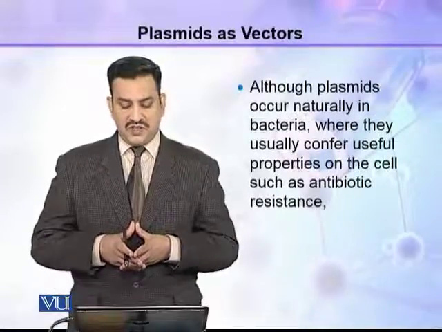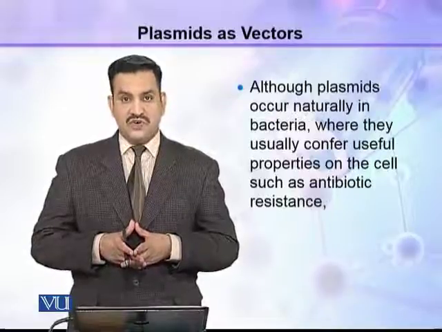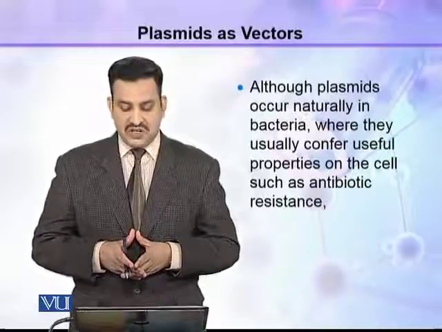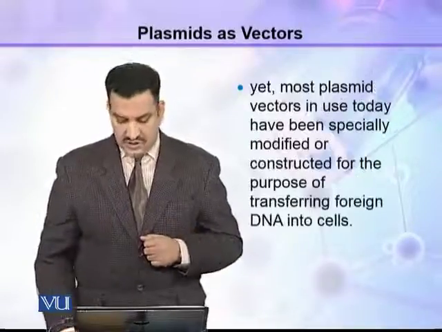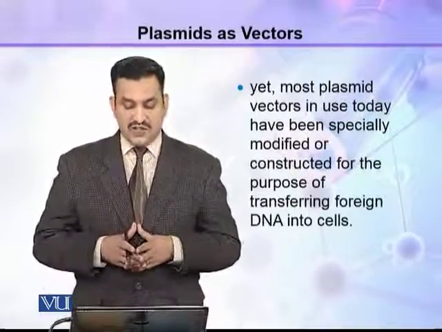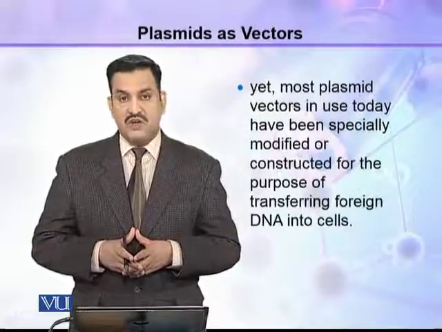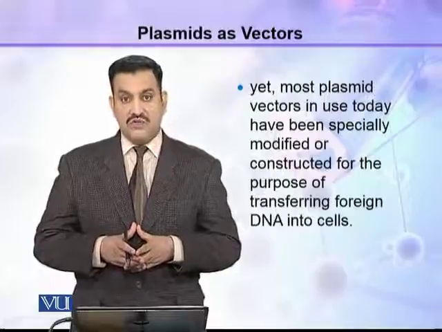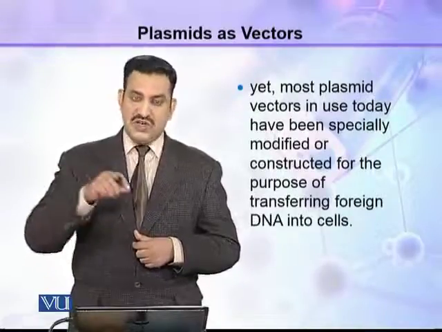Although plasmids occur naturally in bacteria, where they usually confer useful properties on the cell such as antibiotic resistance, most plasmid vectors in use today have been specially modified or constructed for the purpose of transferring foreign DNA into the cells.